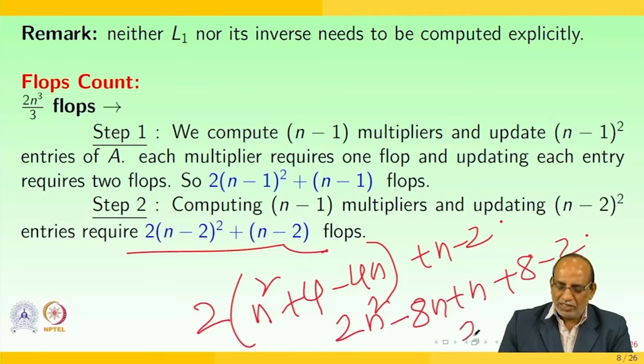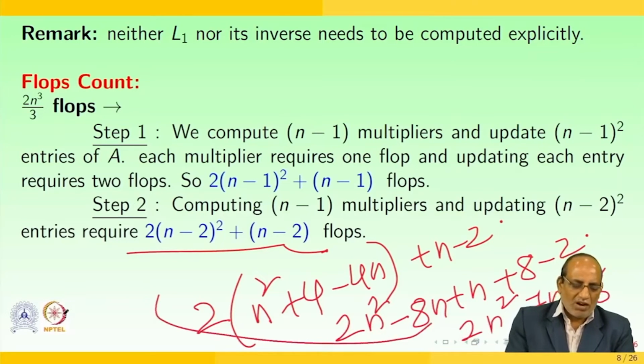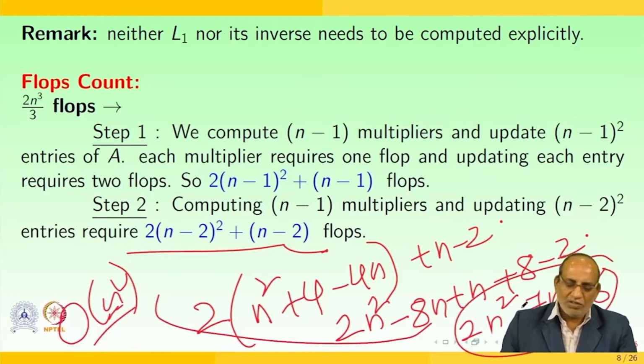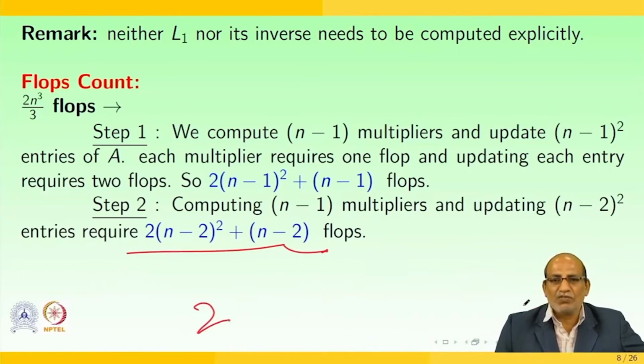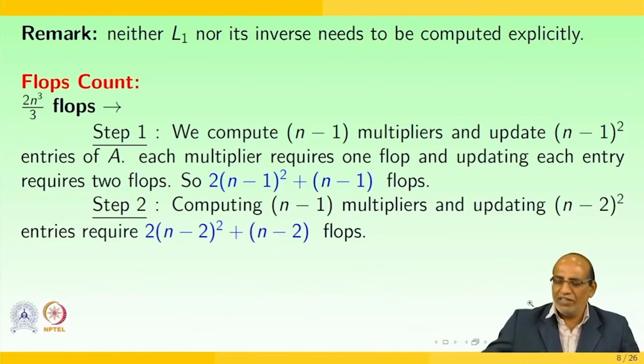So essentially it is 2n square minus 7n plus 6, which is order of n square. So for a given input size of the matrix n, we will have that many floating point operations for each count.